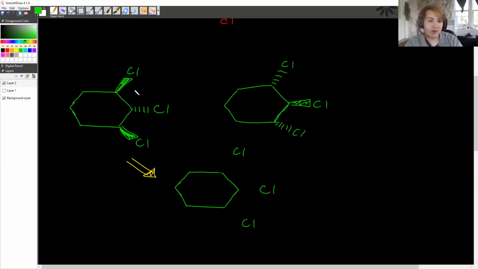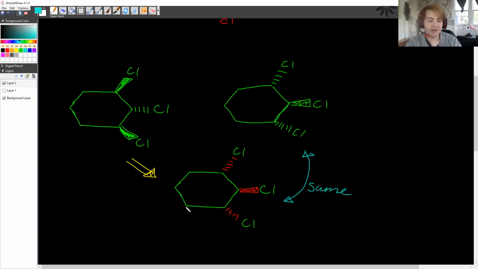What we notice is that we expect in the mirror that our dash turns into a wedge, our wedge turns into a dash, and our dash turns into a wedge. And what do you notice? What we notice is that these molecules here are the same, right?